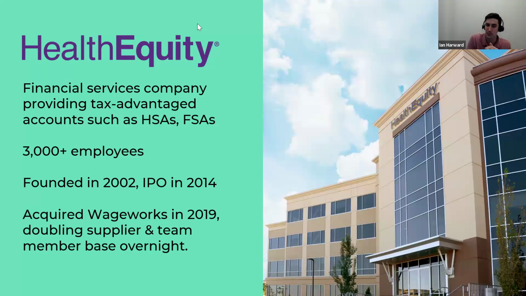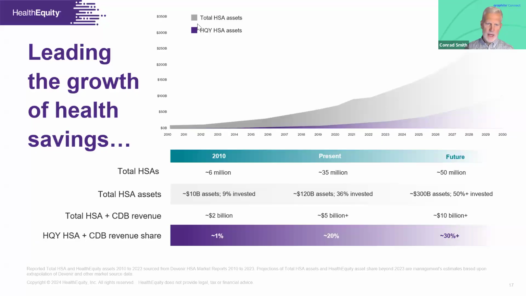WageWorks was one of those acquisitions, as well as a company called Further. So just really trying to grow our influence, so to speak, and get as many HSA accounts as we can. Let's talk a little bit more about WageWorks in a few minutes, but I think that's about the time we met back in the day, when you were dealing with the challenges of acquisitions.